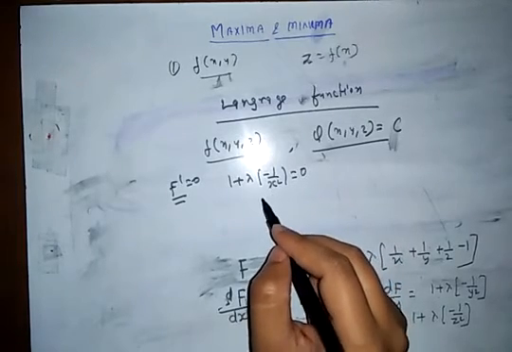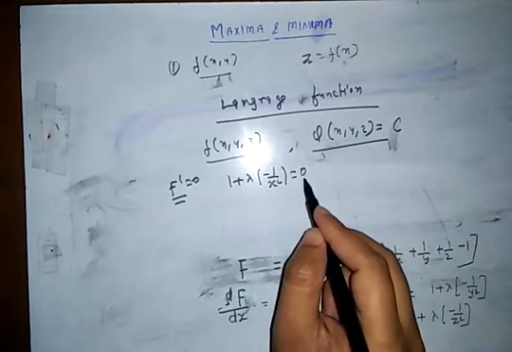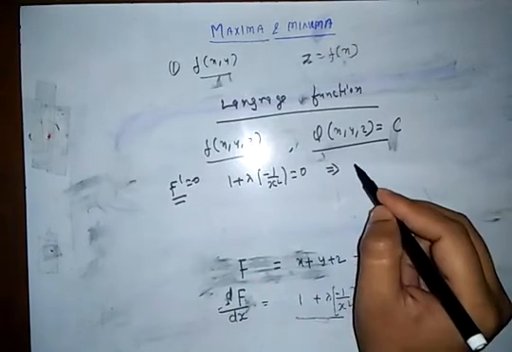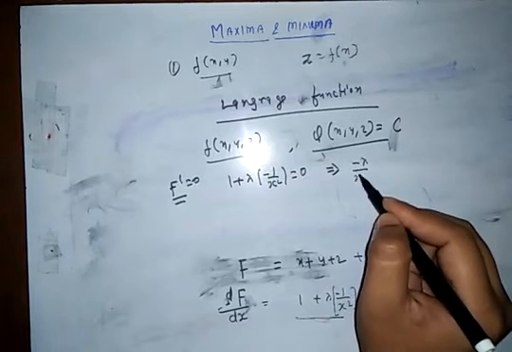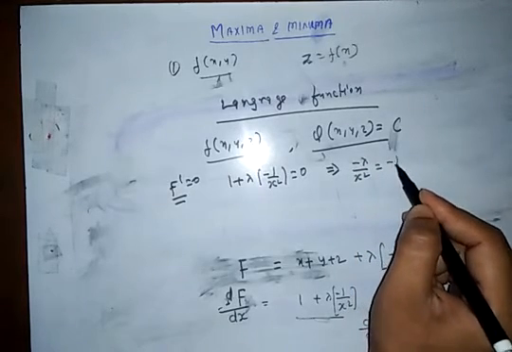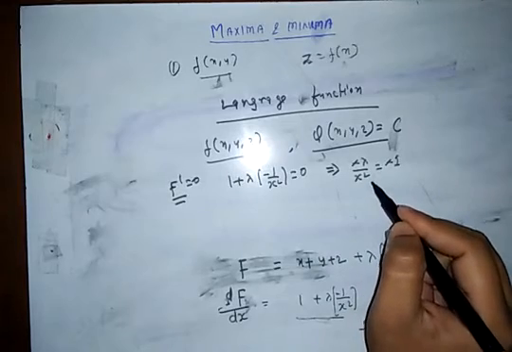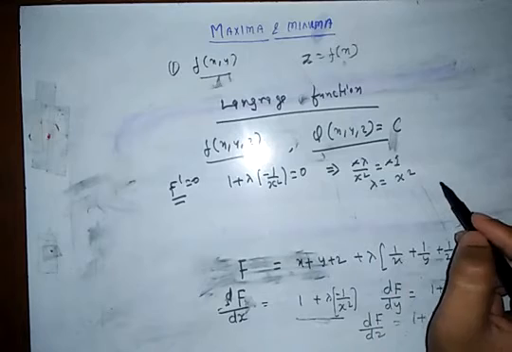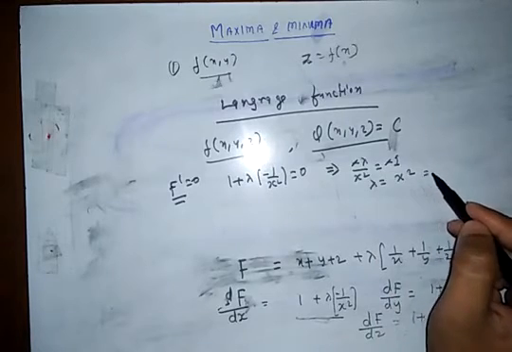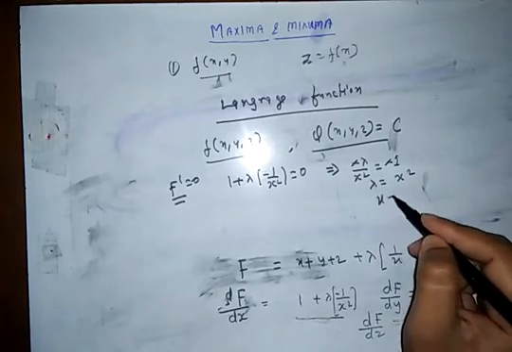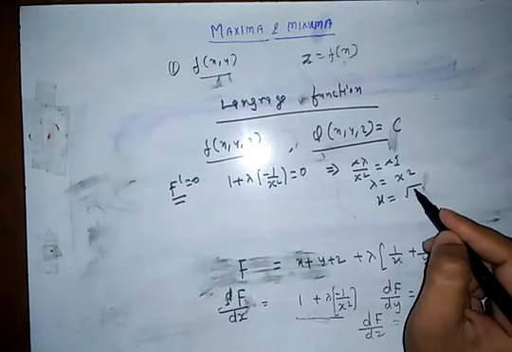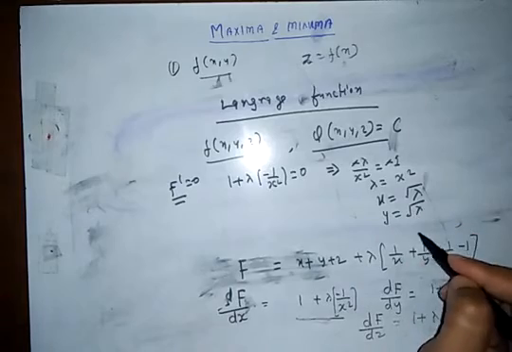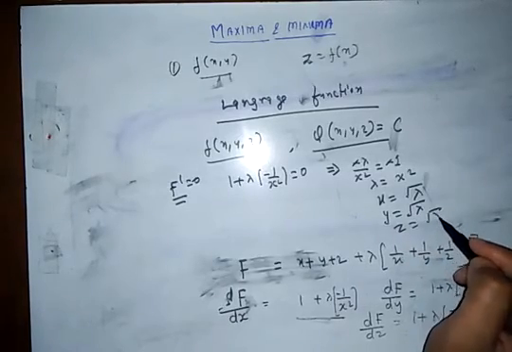When you equate with 0, you get minus lambda by x square is nothing but minus 1, minus minus cancel out, so lambda is equal to x square. This implies x is nothing but under root lambda. Similarly, you will get y is equal to under root lambda and z is equal to under root lambda.